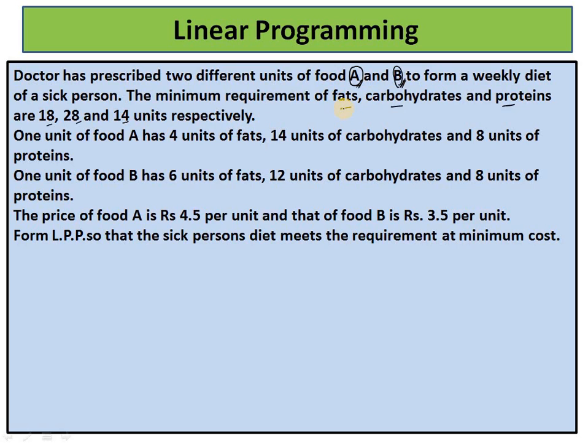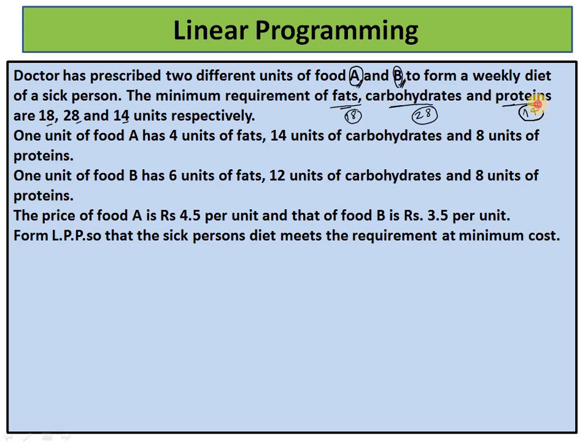That sick person must get minimum 18 units of fat, minimum 28 units of carbohydrate and minimum 14 units of protein. How much fat does he need? 18. Carbohydrate? 28. And protein? 14.